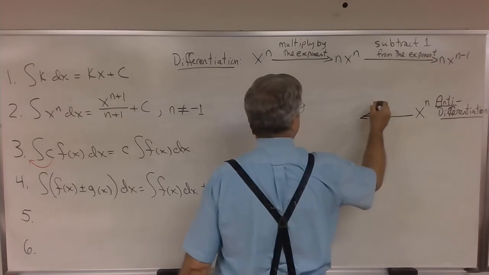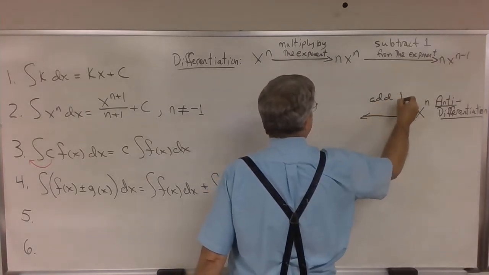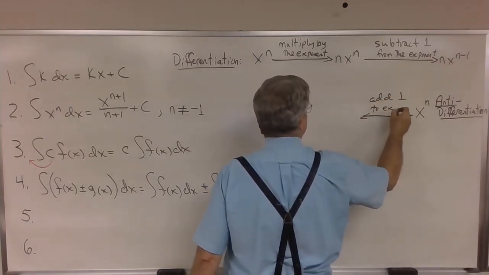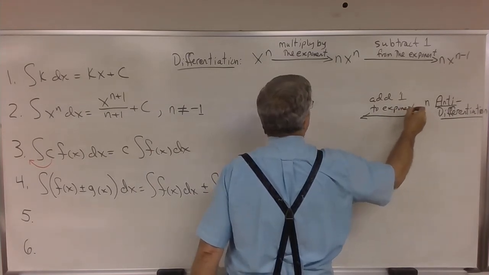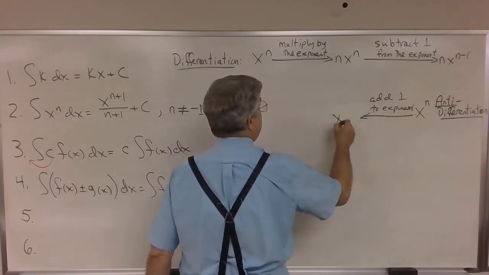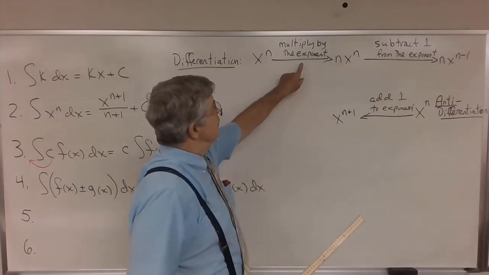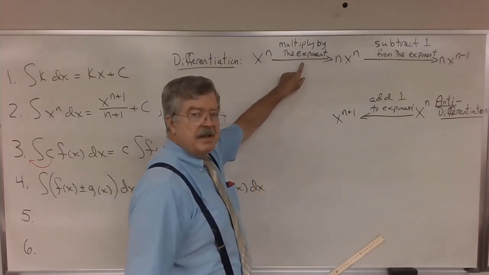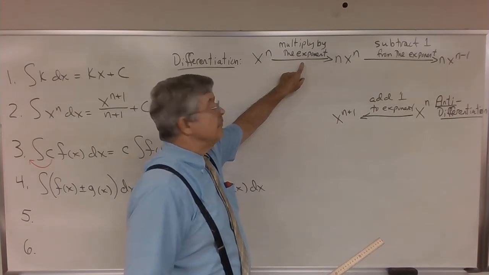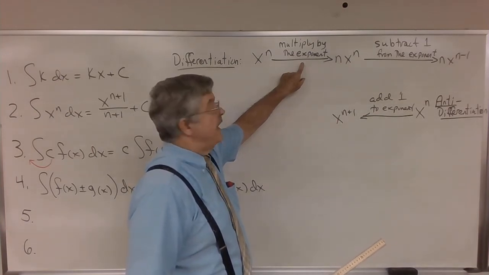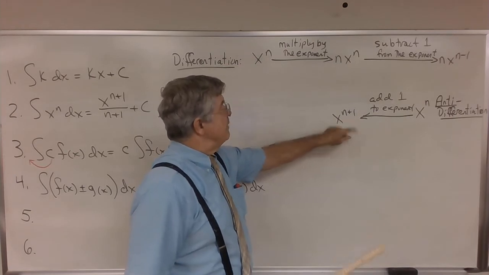That's pretty easy. Add 1 to the exponent. And that's going to give us x to the n plus 1. The next step that we have to undo is multiplying by the exponent. And how do we undo that? We divide by the new exponent.